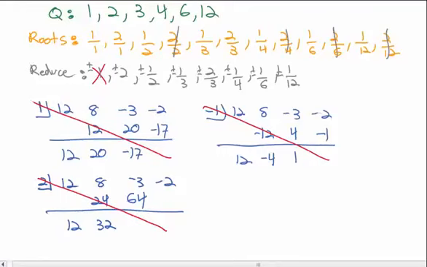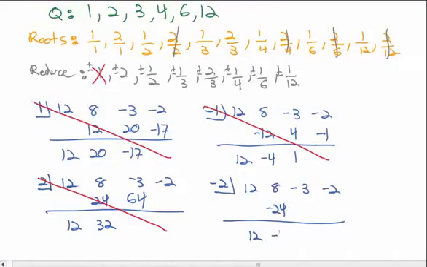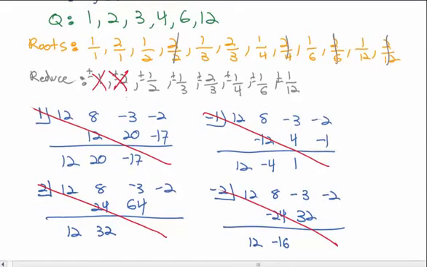Probably not going to work. Let's try negative 2 with 12, 8, negative 3, and negative 2. Bring down the 12. Times negative 2 is negative 24, plus 8 is negative 16, times negative 2 is 32. Again, it's getting huge. It's not going to go away. So the 2's are out.